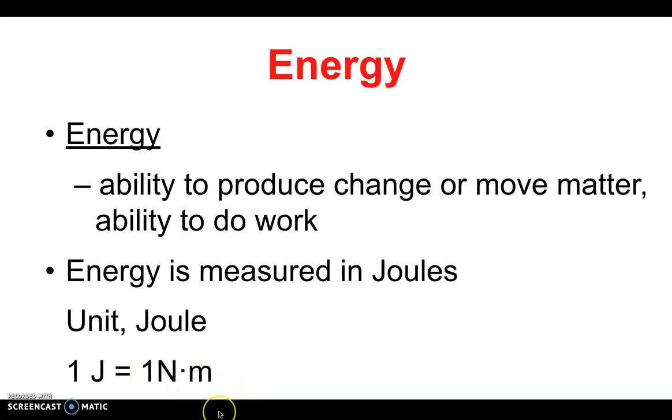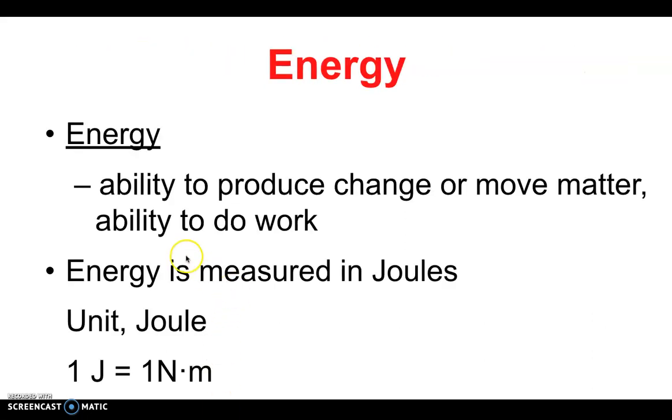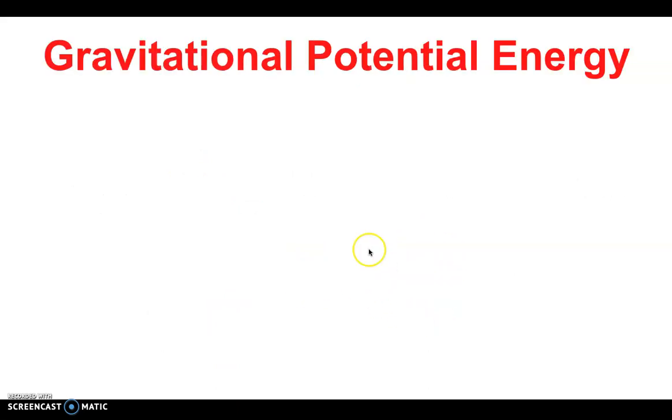And when you get to physics class as a junior or senior, you'll learn way more about that. But that's about as deep as we're going to go here in physical science. So you want to double check that you've written down your definition of energy and the unit joules. And then we're going to go on to gravitational potential energy.